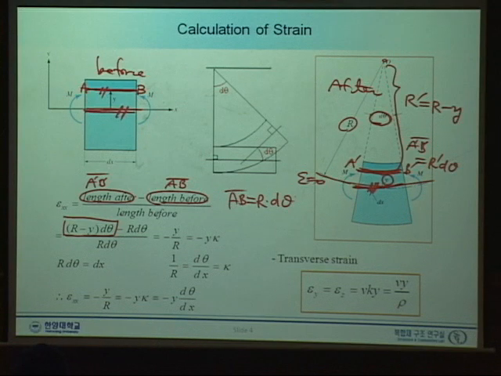The length before deformation is R d theta. We can drop d theta and R, and finally we have minus y over R. Okay, minus y over R.